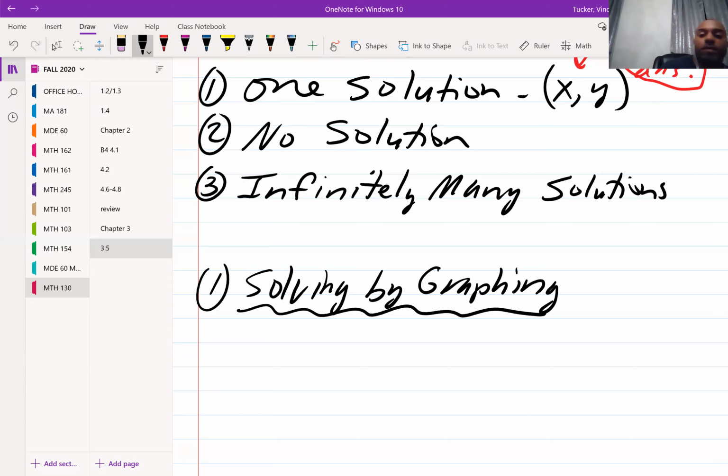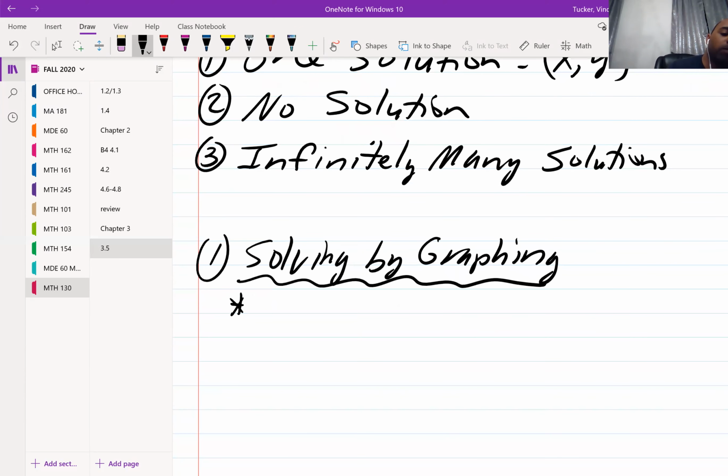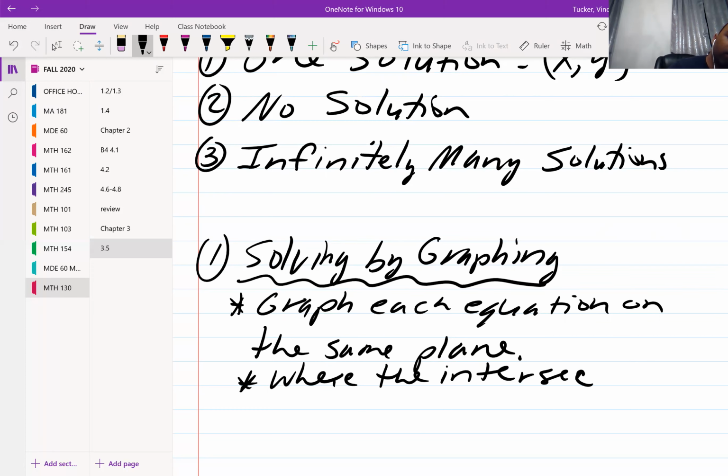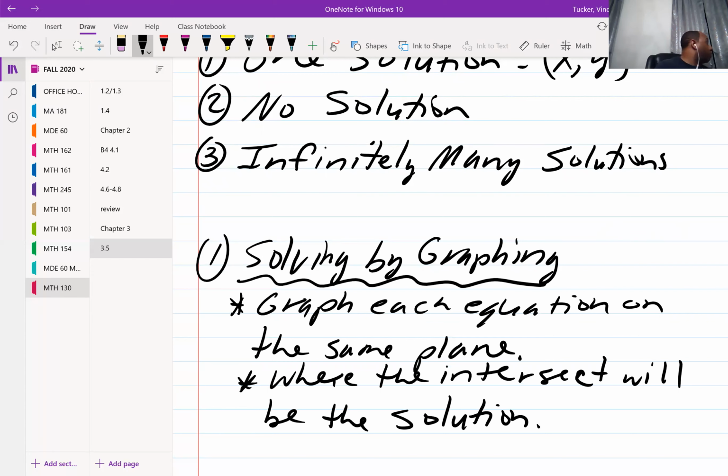All right. So the first method, solving by graphing. When it comes to solving by graphing, we're going to graph each equation on the same plane, and where they intersect will be the solution.